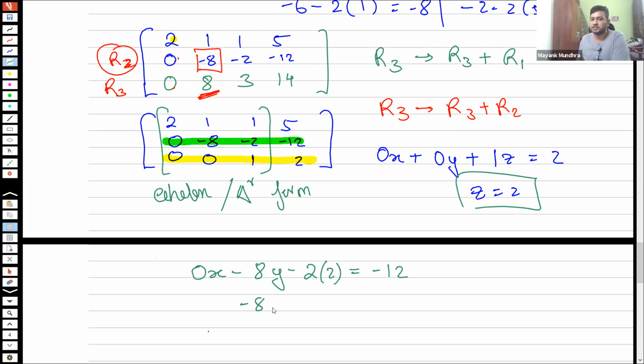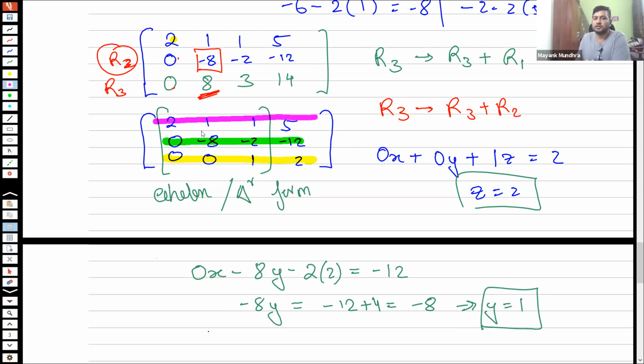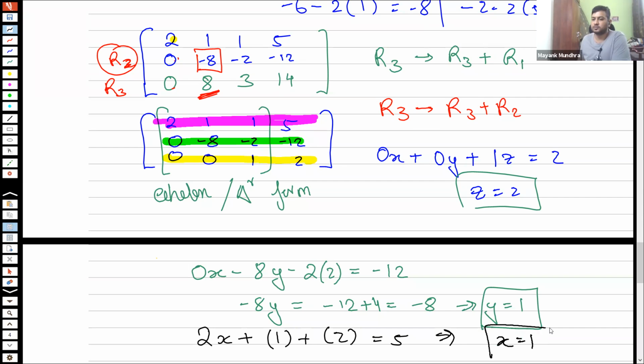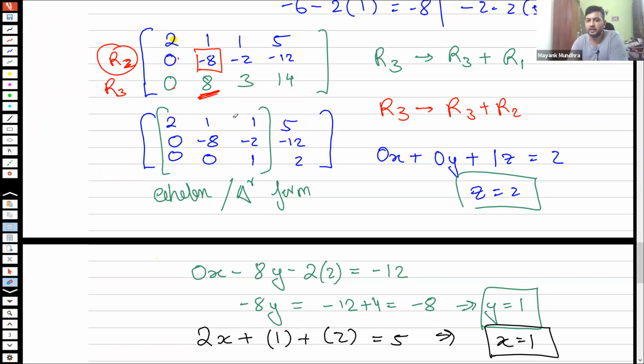So you get minus 8 times y is equal to minus 12 plus 4, which is minus 8, which implies y equals 1. And the top equation becomes 2 times x plus y is 1 plus z is 2 is equal to 5, which implies that x is equal to 1. So once you reach this, it's easy to find the solutions.